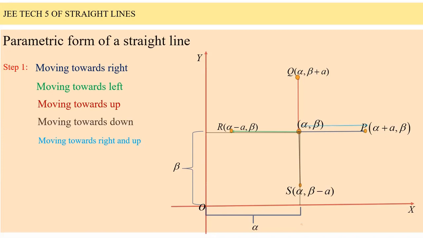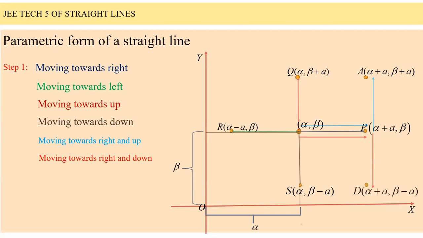Then the point reached is alpha plus a comma beta plus a. For moving right and down, for right a is added to the x coordinate, for down a is subtracted from the y coordinate. That point is alpha plus a comma beta minus a.